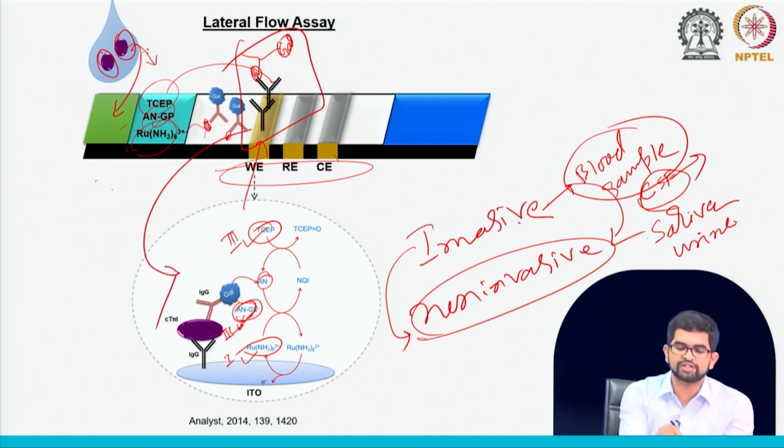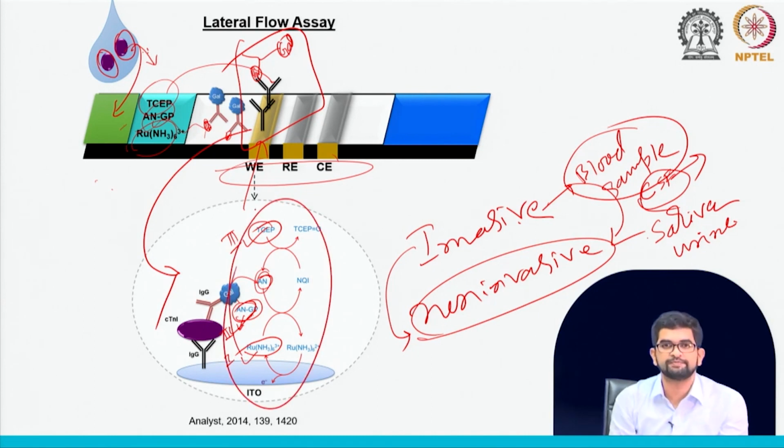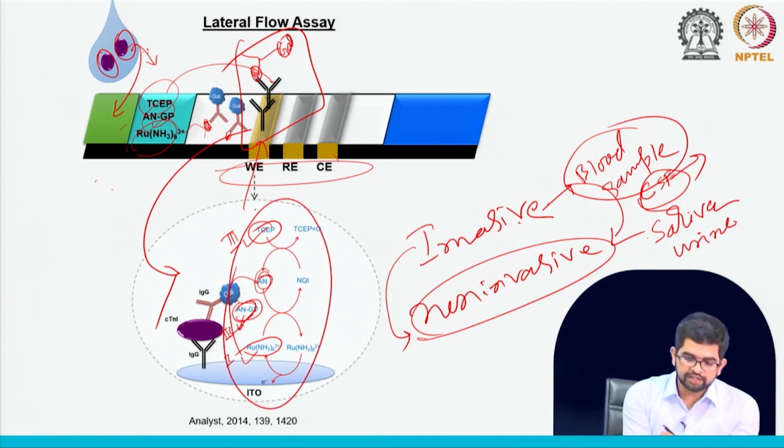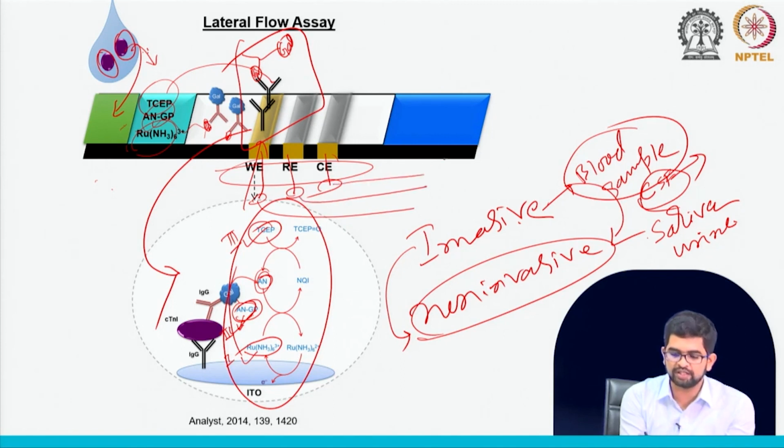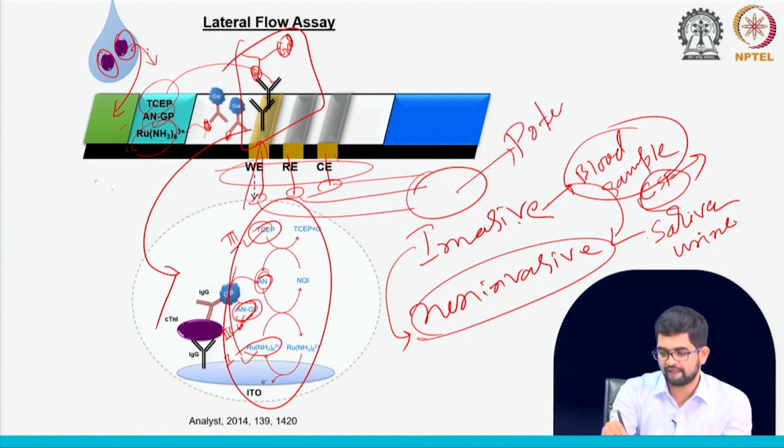So naturally with this galactose, I will focus on these reactions. This reaction will start here. Galactose will react with the NGP, form the AN, and it will react with this, then this redox cycling will start. Now here you can see the working electrode, reference electrode, counter electrode; these three we have to make an adapter, and we can connect this with a potentiostat.